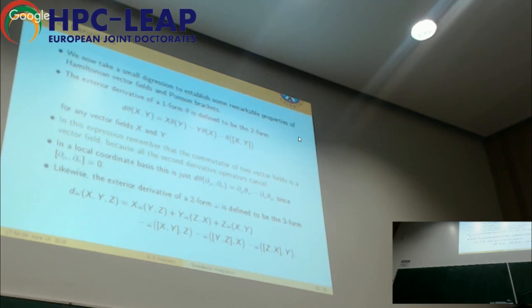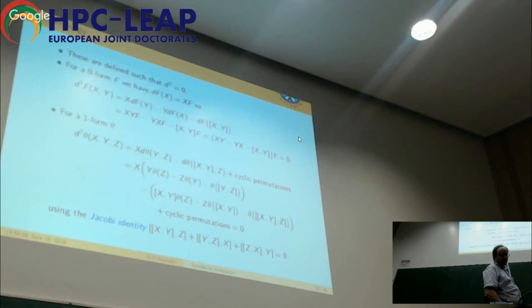And in fact, this gives you a good idea of the general definition of d for a k form: you make a totally antisymmetric application and put in commutators. The structure for an arbitrary k form is fairly obvious from this, but we only need it up to two forms. And as I said, these definitions are such that d squared equals 0.